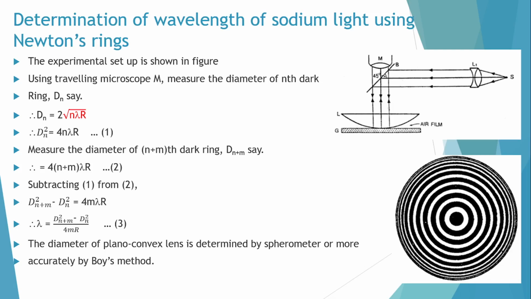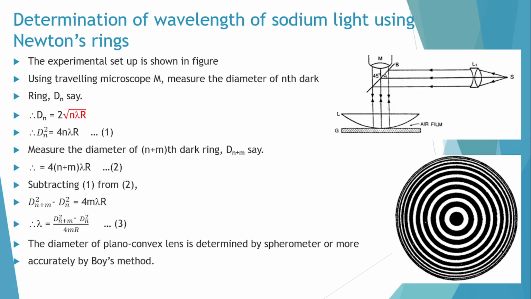By using this formula, we can calculate the wavelength lambda. The diameters we are directly measuring, and the order difference depends on which rings we are considering, which we can observe directly. And capital R is the radius of the plano convex lens, that can be measured by using a spherometer, and more accurately it can be measured by using Poisson's method.